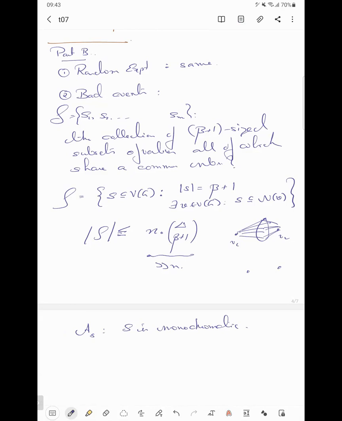Suppose not many vertices had a lot of common neighbors. Then how many bad events, or how many such subsets, can you make? You are restricted to picking the set from within the neighborhood of a vertex. That restricts your choice to delta times beta plus 1, but you can go and do that for any vertex.